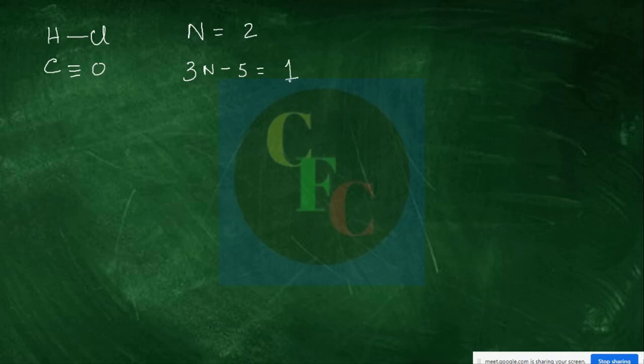So 1 is left for vibration, and in fact you can see there is only one bond. Here there is a triple bond, but you cannot say that you are elongating one bond and compressing the other bond. The number of connections between these two atoms is only one. We are considering here the vibration of the triple bond itself.